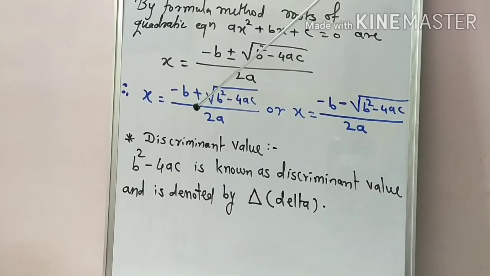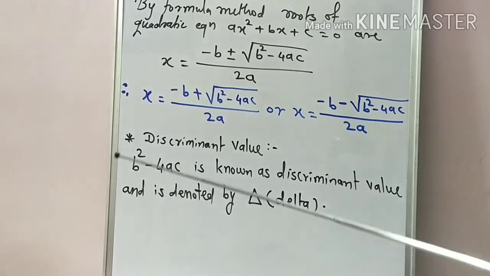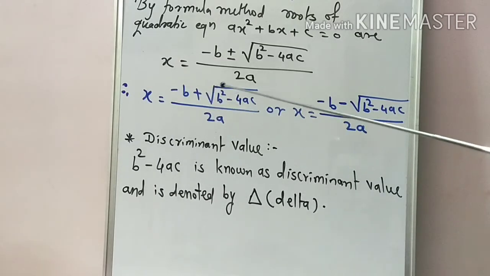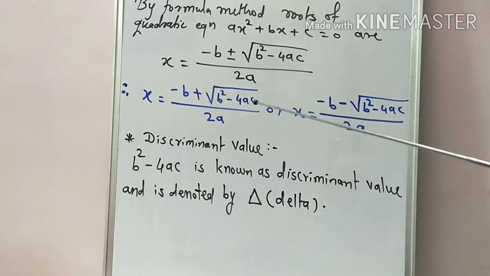on the basis of this formula, the next topic is also the discriminant value. To solve the examples of practice set 2.5, we require this discriminant value. As you notice, b square minus 4ac, the value which we have in this square root sign, is known as the discriminant value.